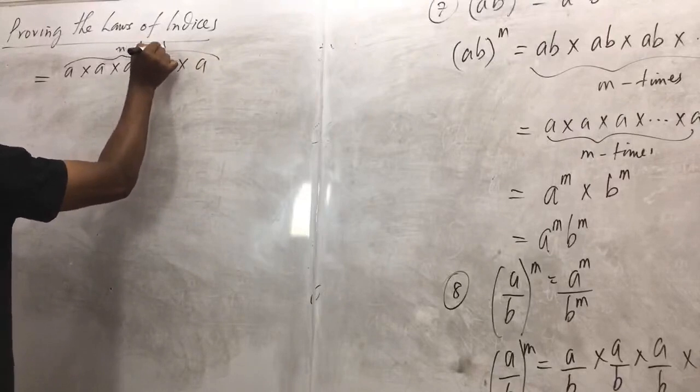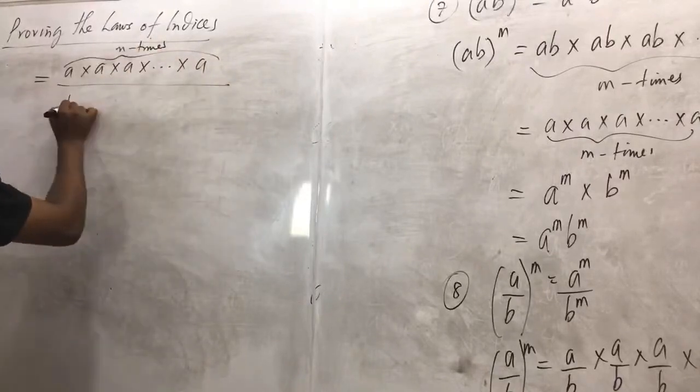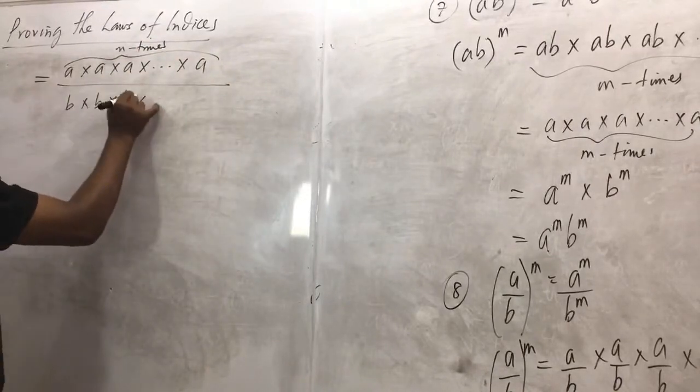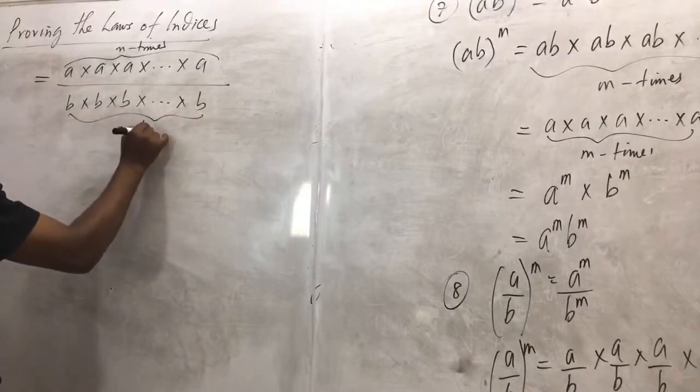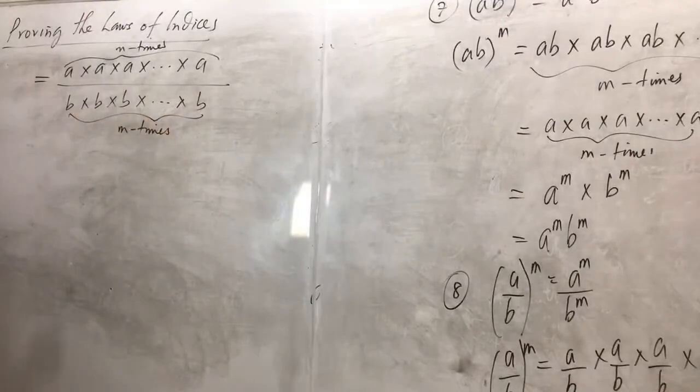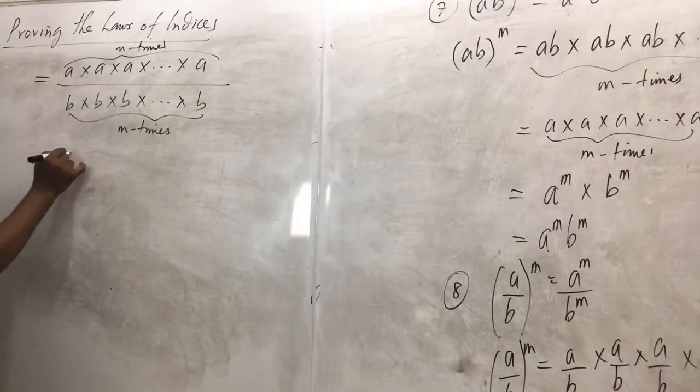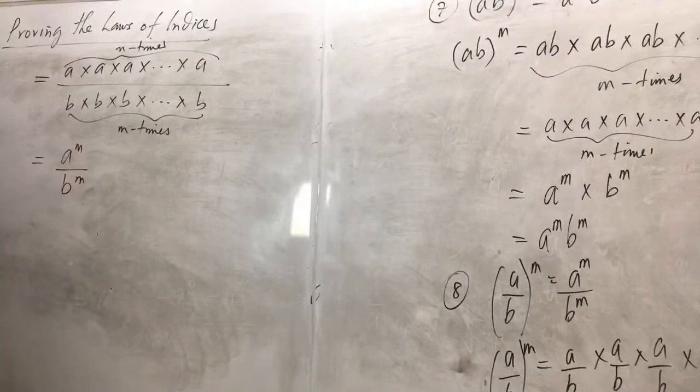So m times a multiplying itself, and there will be a total of m b's in the denominator, m times. Okay? So this would end up giving you a raised to the power m all over b raised to the power m. And that proves law number 8.